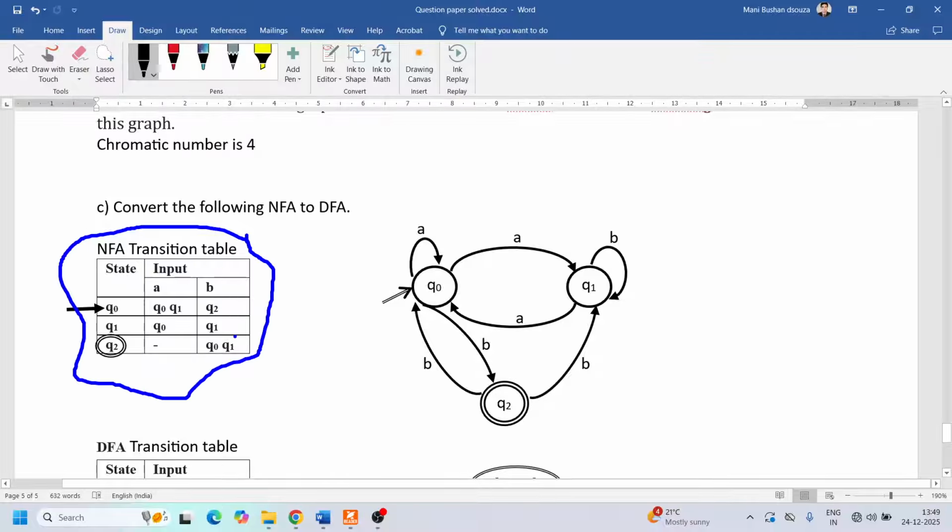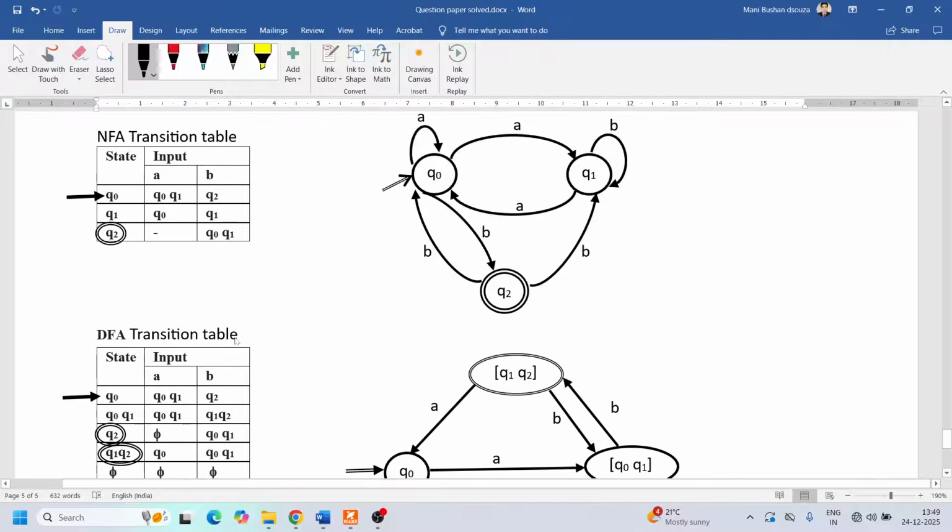Using this, you have to draw the transition table for the DFA. So how do you go from non-deterministic to deterministic? First, write as it is: state, input, only two inputs A and B. Remember from your NFA transition table, you must know which is the starting state.